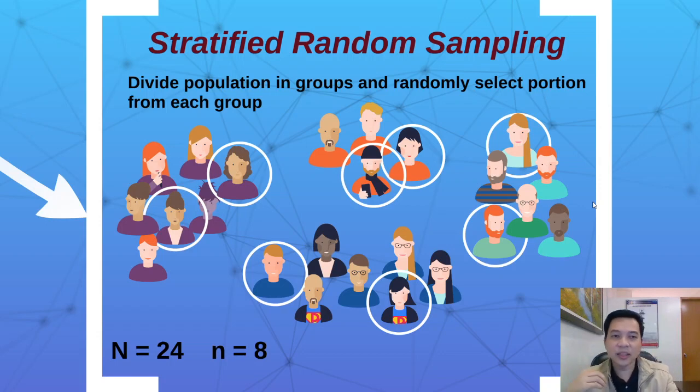These are not natural selections or natural divisions. And then out of these groups, I'll be taking 2 in each color of clothes, for example, those wearing violet, orange, blue, and shades of green. So I'll be taking 2 out of each. That will be stratified random sampling to arrive at the sample size of 8.